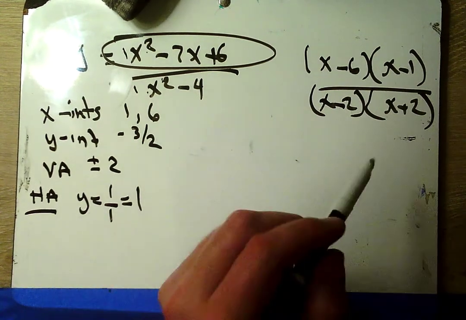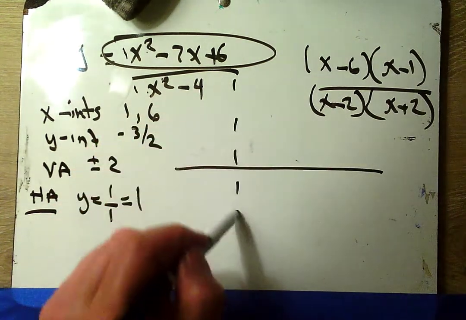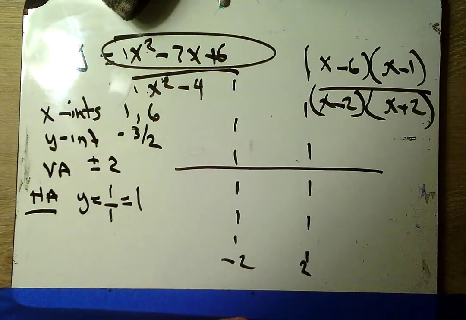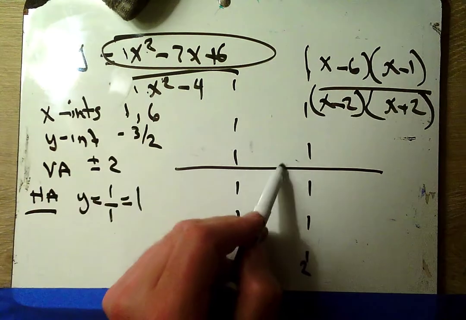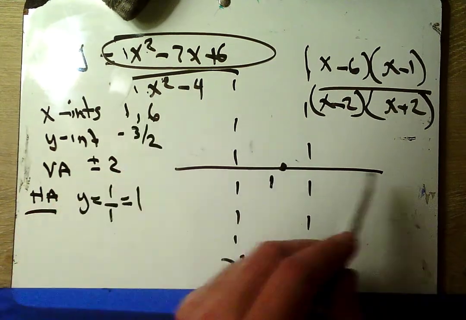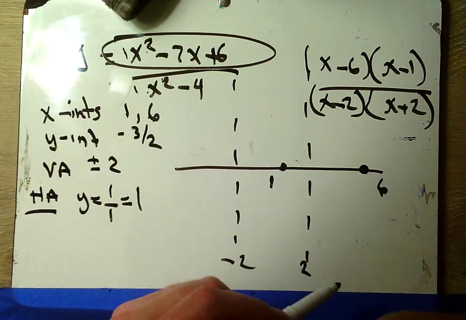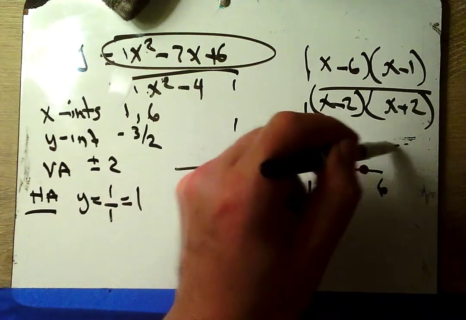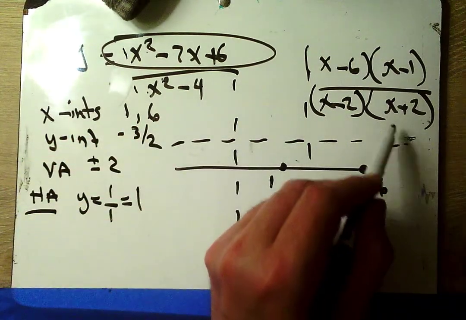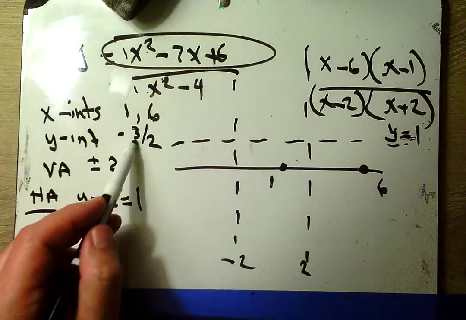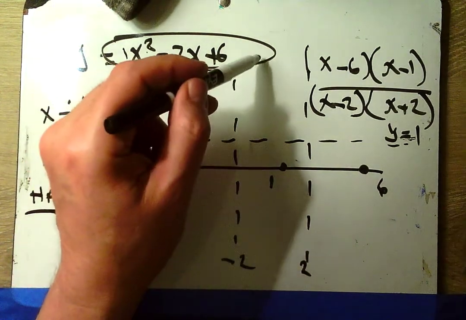So let's plot what we know. -2, +2. And what about these x-intercepts? Well, I've got one of them at 1 and one of them at 6. Okay. Do I know anything else? Horizontal asymptote at y equals 1, and y-intercept at -3/2.